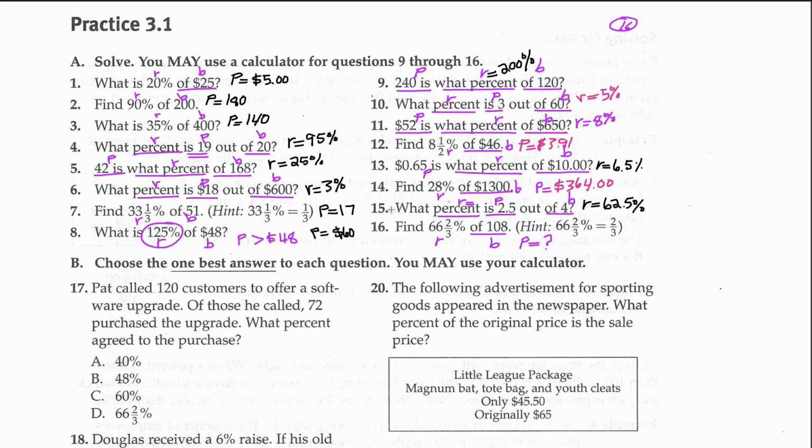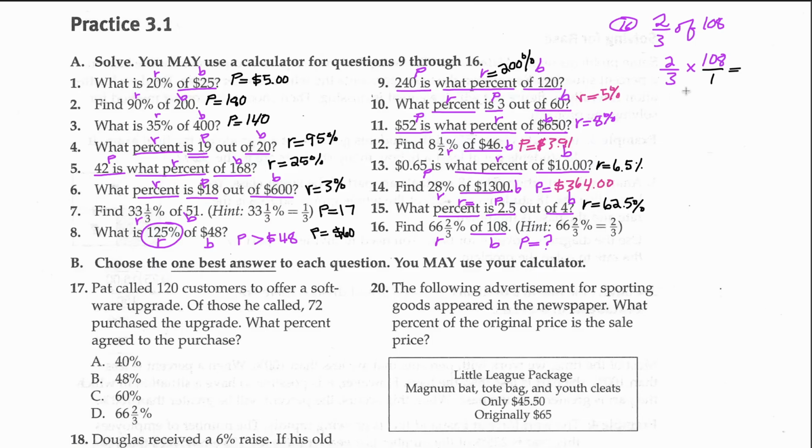Number 16. So 2/3, that is 2/3 of 108. That is the same thing as 2/3 multiplied by 108. When there is a whole number, you can assume that there's a 1 underneath.